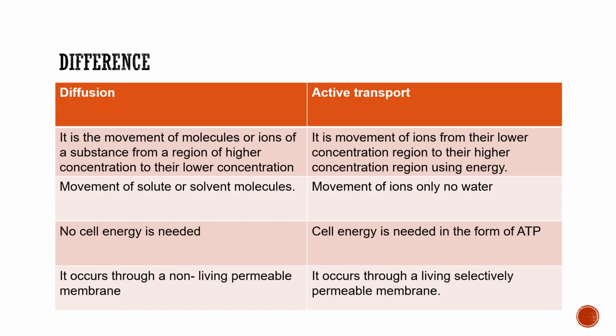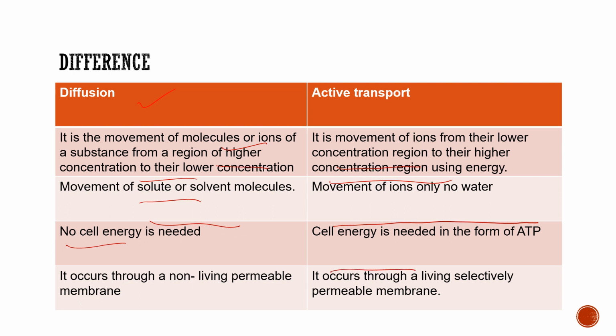Now here is another important difference, between diffusion and active transport. So what is happening here? Diffusion is the movement of molecules or ions from a region of higher to lower concentration, whereas active transport is just the opposite. It is the movement of ions from a region of lower concentration to a region of higher concentration, and it is the movement of ions only and no water. In active transport, no water is being transported, only ions.